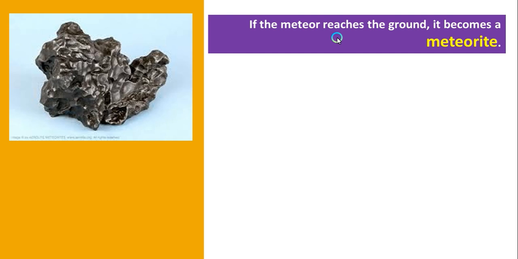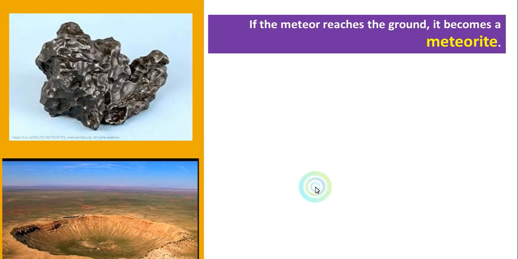A meteor is a meteoroid burning up as it plunges through the Earth's atmosphere. We call it a shooting star. So if a meteor reaches the ground, it becomes a meteorite.